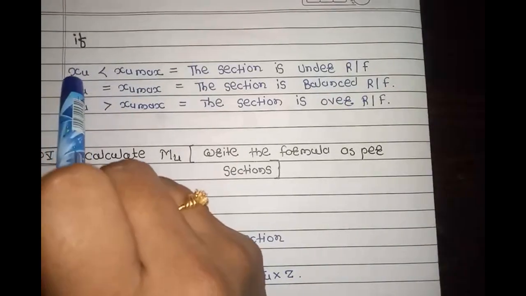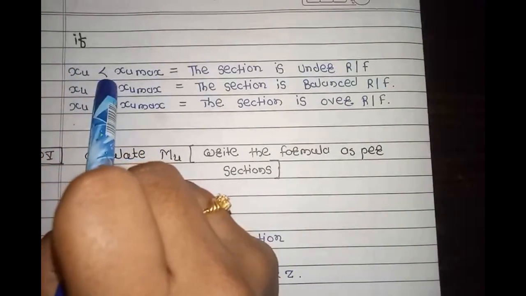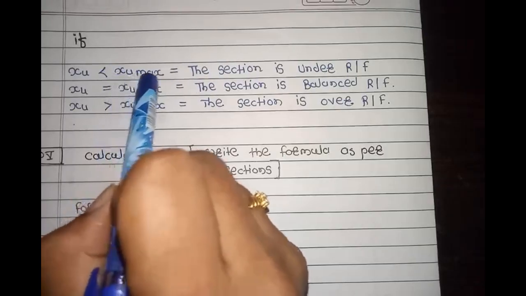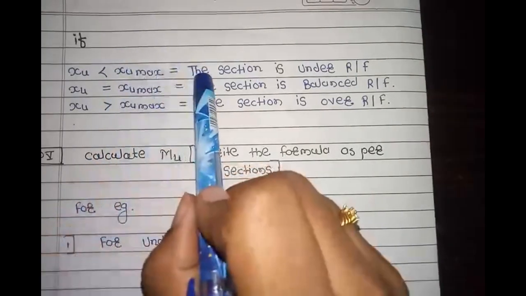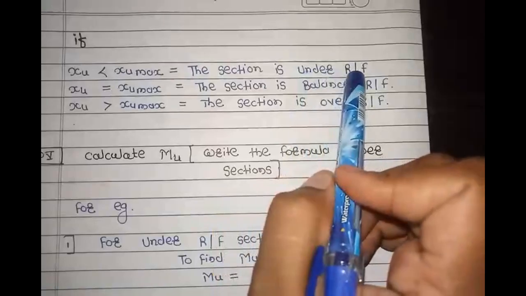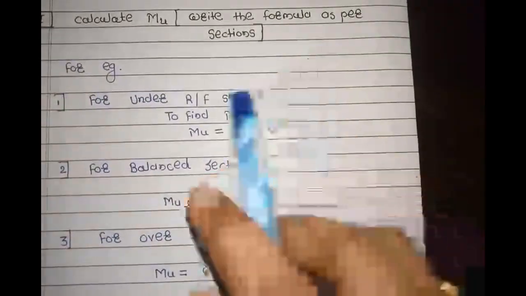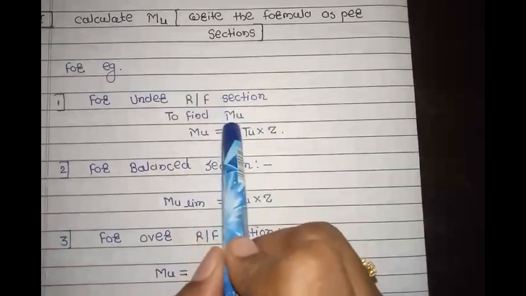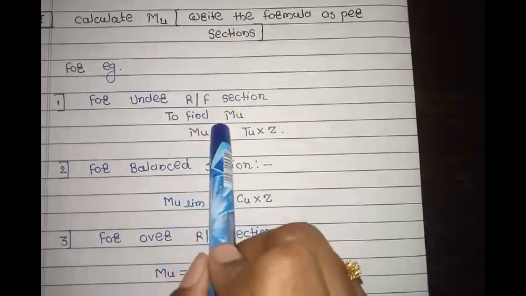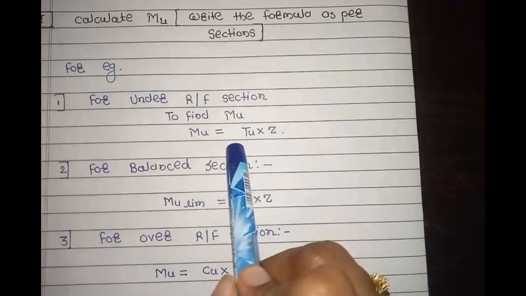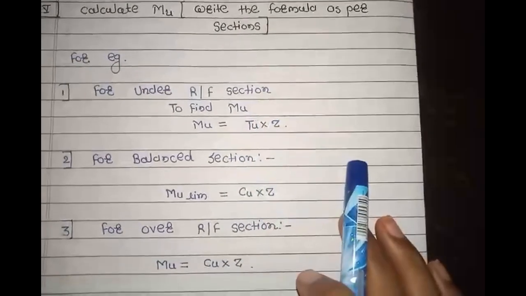If the value of XU is less than XU max, then the section is under reinforced. Then for under reinforced section, moment of resistance is calculated by formula Tu into Z.